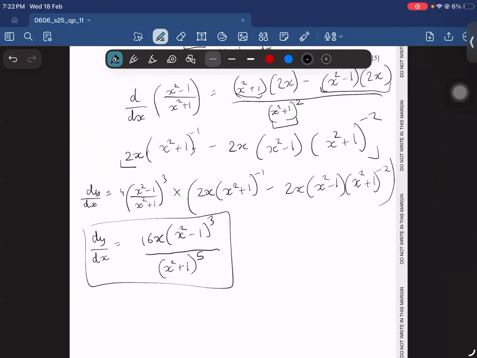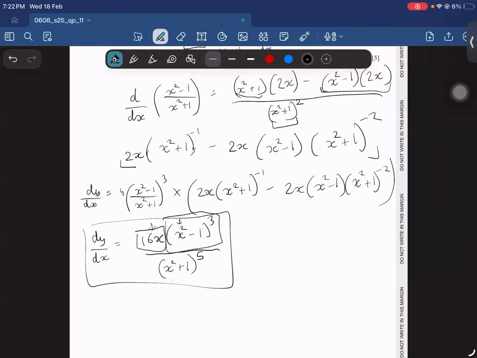And if you notice, our numerator will be negative because after you square the negative, then this whole bit will be positive, but this bit will be negative.